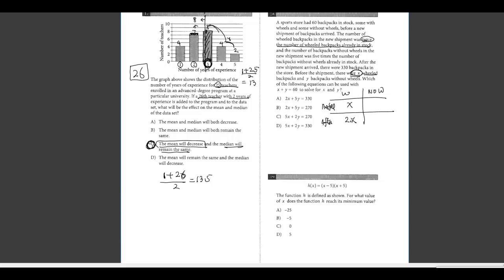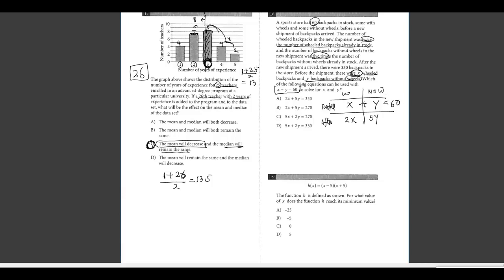Oh, this is a bit complicated. The next one is Y backpacks without wheels. This is the Y backpacks, but the new shipment is 5 times the number of backpacks. This is about 5Y, right? We know that before, X plus Y is 60, right?